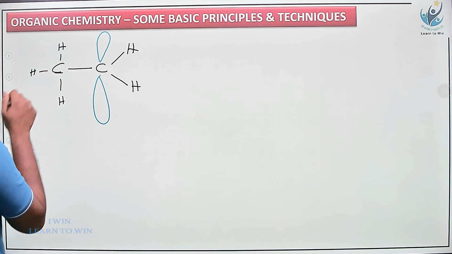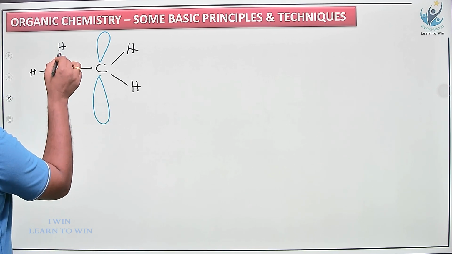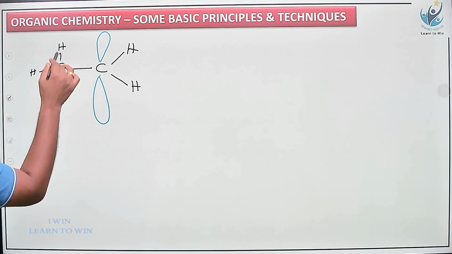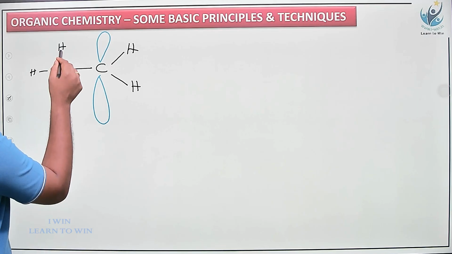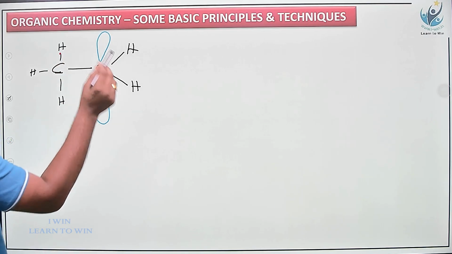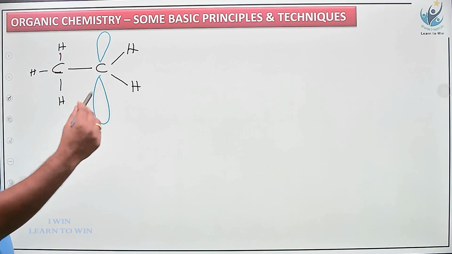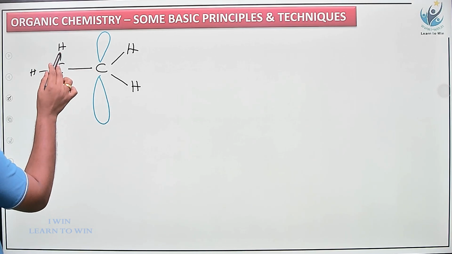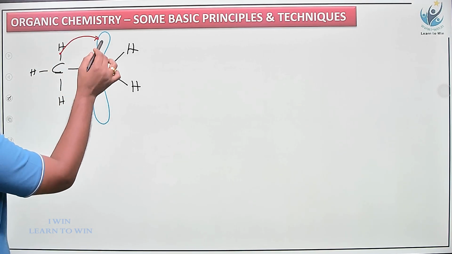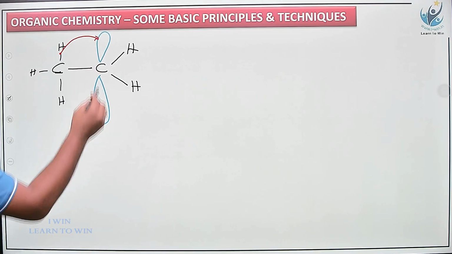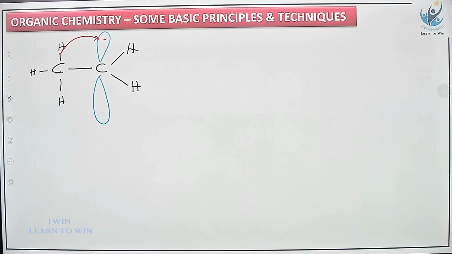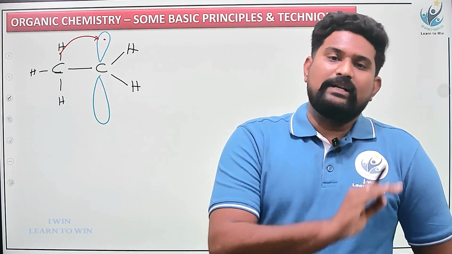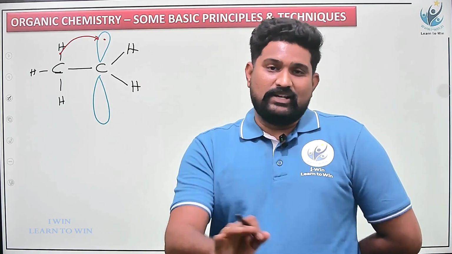Now look at this, here there are sigma bonds, because a single bond is a sigma bond. So the alpha hydrogen here will shift the electrons, the sigma bond electrons of the C-H bond, that means this one, are shifted to the adjacent empty orbital. This happens because of the presence of the alpha hydrogen in an unsaturated system.